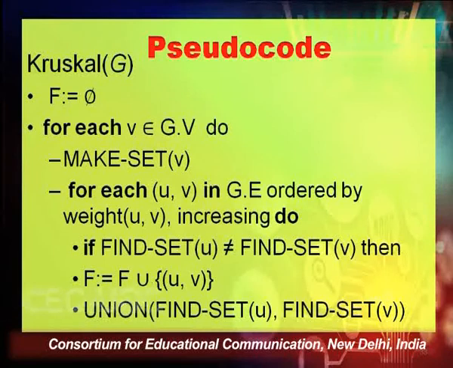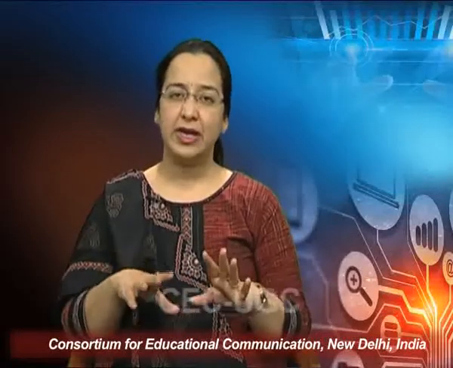This step is there in order to check that we do not end up having cycles. If the set of U and the set of V, where UV is the edge we are considering, are the same, then introducing the edge UV will definitely result in a cycle.